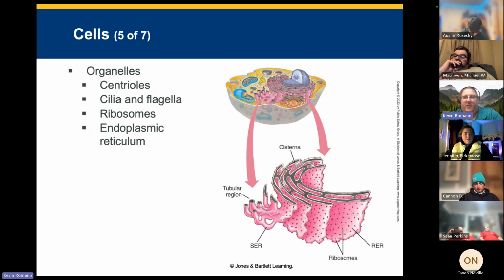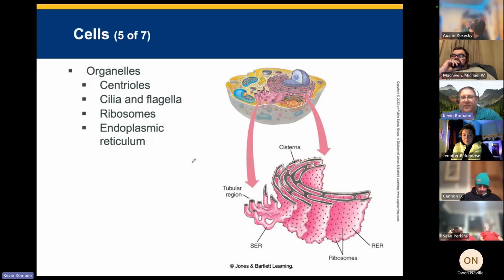The first one is called the centrioles. So the centrioles, oh, I lost my screen again. During cell division, centrioles form the spindle-shaped structure needed for movement of DNA, right? The cell division then requires a pair of centrioles.